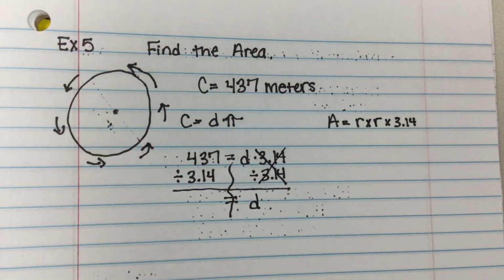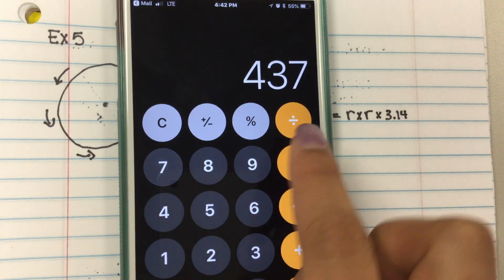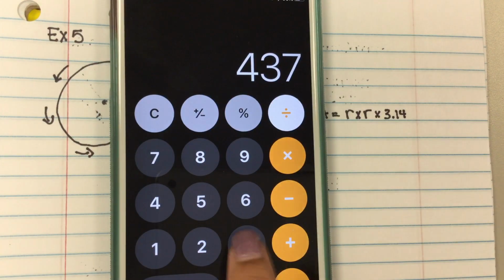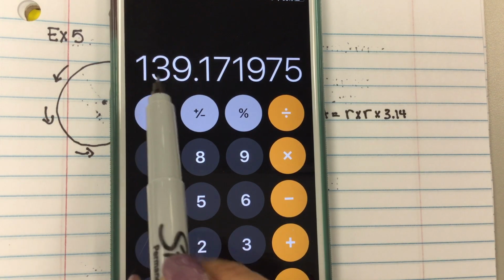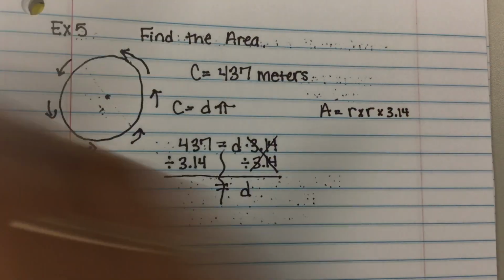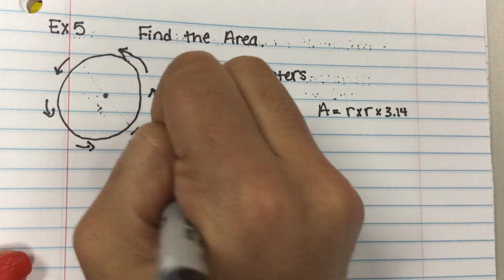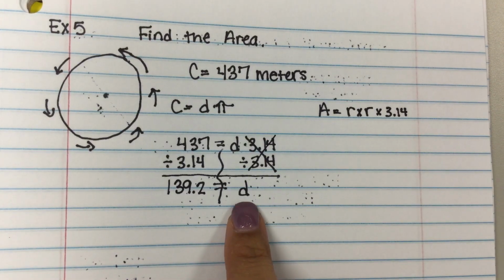And then if we divide 437 divided by 3.14, we're going to get 139, and you can just round it to 139.2. Okay, so that tells us our diameter, right?